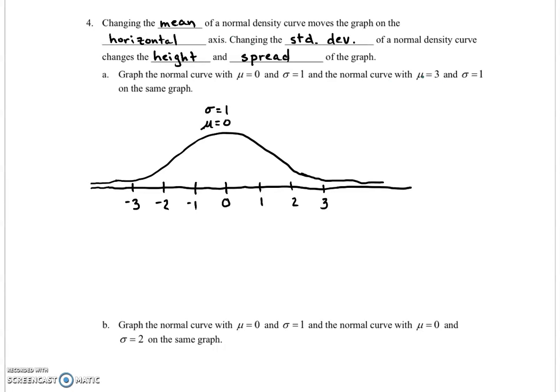Now, if we graph a mean of 3, so a different mean but the same standard deviation, 4 standard deviations, 5 standard deviations, 6. Our curve just moves along the axis. So its high point is going to be at 3. And let's see if I can draw this. Told you I have the worst time drawing these.